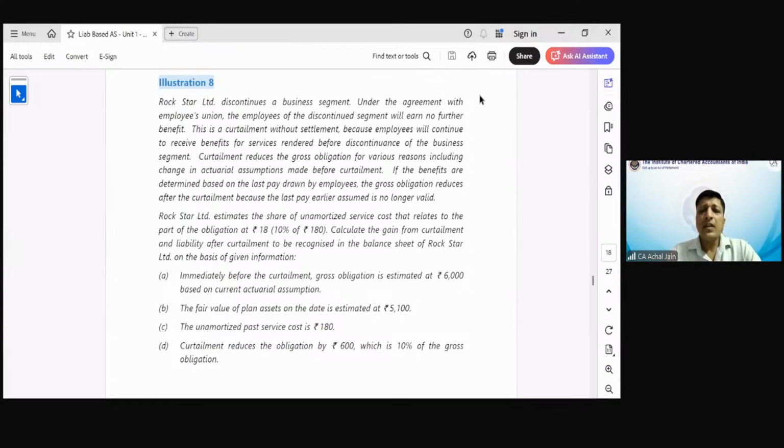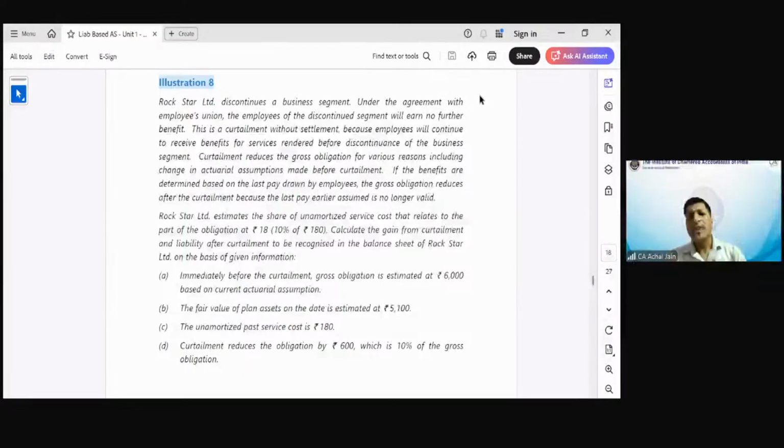Immediately before the curtailment, gross obligation is estimated at 6,000 on the basis of actuarial assumptions. In relation to this gross obligation, plan asset was 5,100. Unamortized past service cost is 180. Curtailment reduces the obligation by 600, which is 10% of gross obligation.